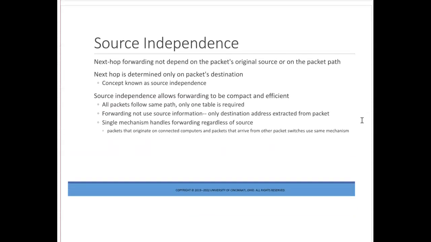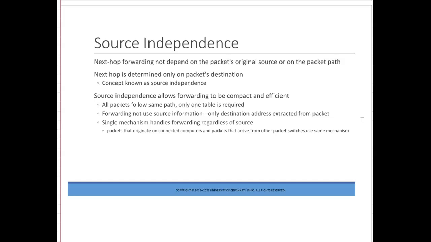Next hop forwarding does not depend on the packet's original source, nor on the path the packet has taken before it arrives at a particular packet switch. Instead, the next hop to which the packet is sent depends only on the packet's destination. The concept is known as source independence. Source independence allows the forwarding mechanism in a computer network to be compact and efficient.